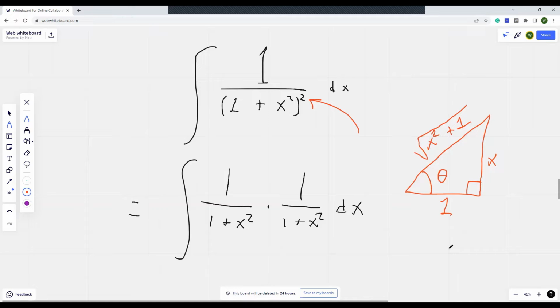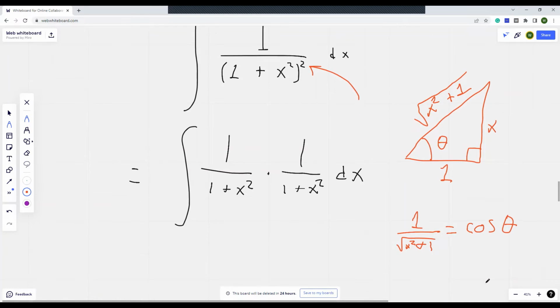So, given that, what we can say is that the value of cosine for this function is 1 over the square root of x squared plus 1. That equals the cosine of theta in this case, right?